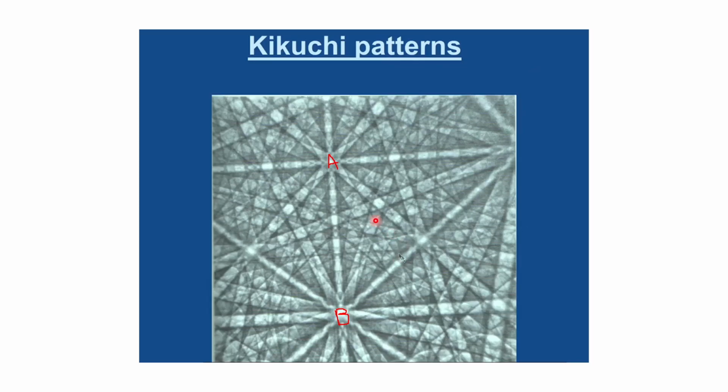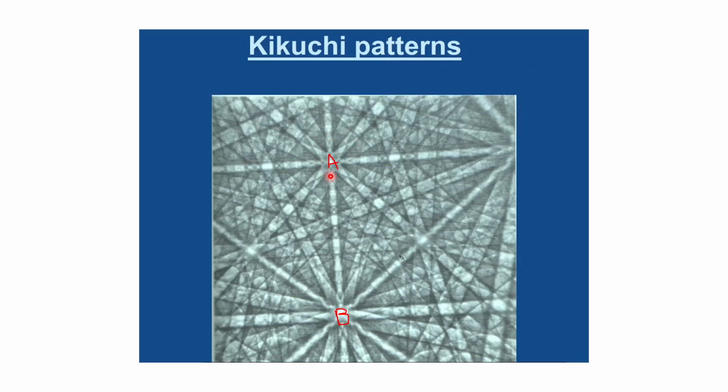If you want to go to a specific zone axis, then you can follow them. Once you are able to see this Kikuchi pattern, you can follow these patterns and go according to your requirement. The major contribution of these Kikuchi patterns will be discussed later in the TEM part.